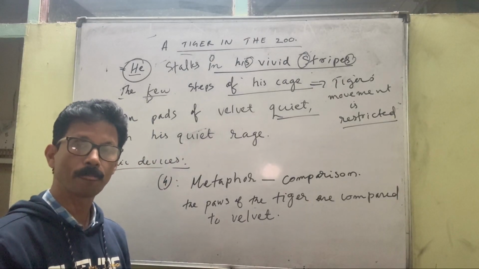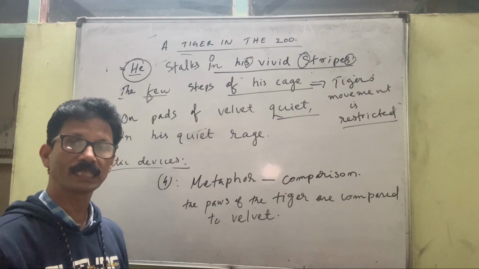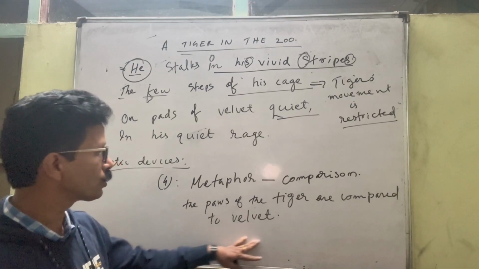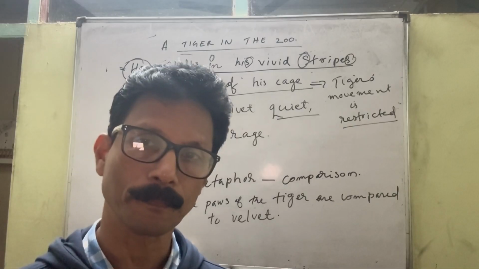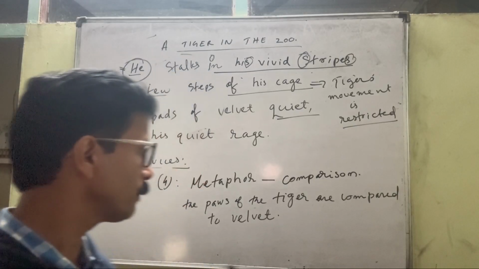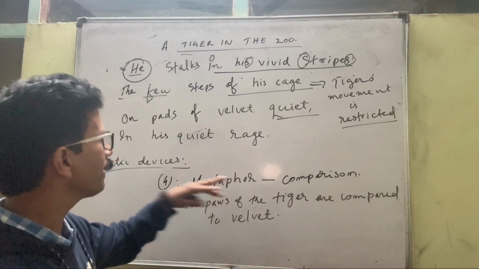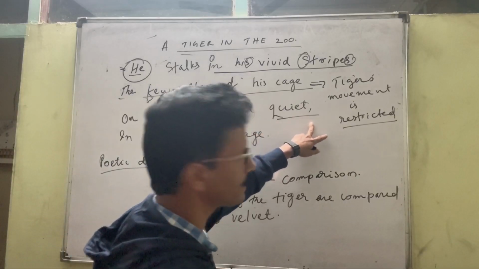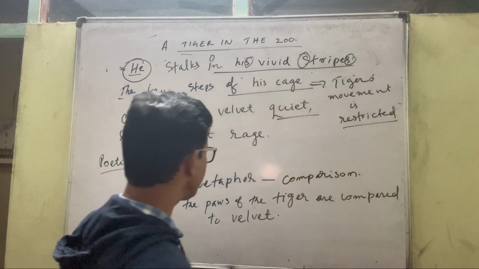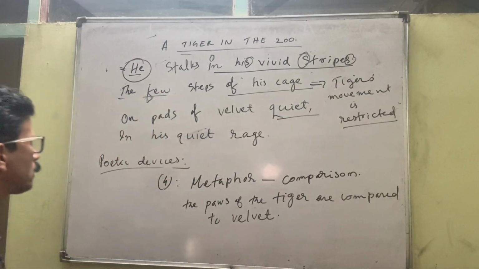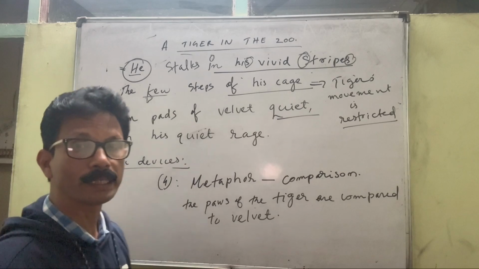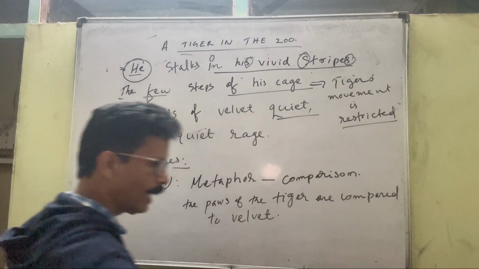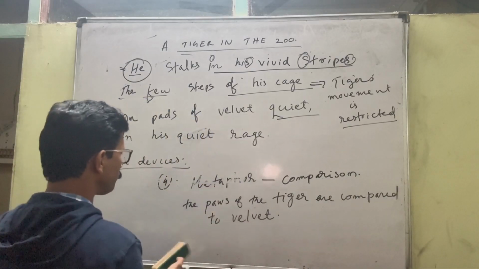To make us understand this softness of the tiger, the poet has used what is called metaphor. Understand my point? Metaphor means the paws are compared to velvet. This is the fourth poetic device used in this poem. Understand my point?